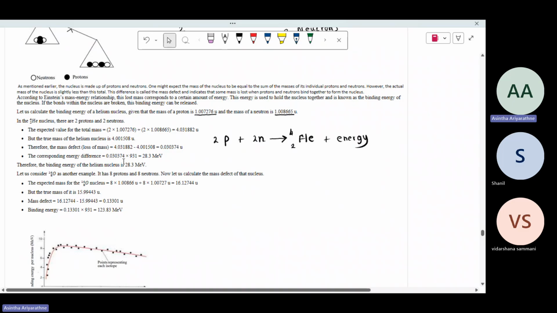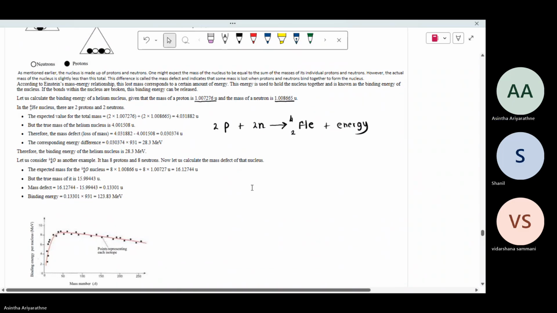The binding energy of the helium nucleus is 28.3. Binding energy means, after the formation of the helium nucleus, we have found that 28.3 mega electron volt energy has been lost.